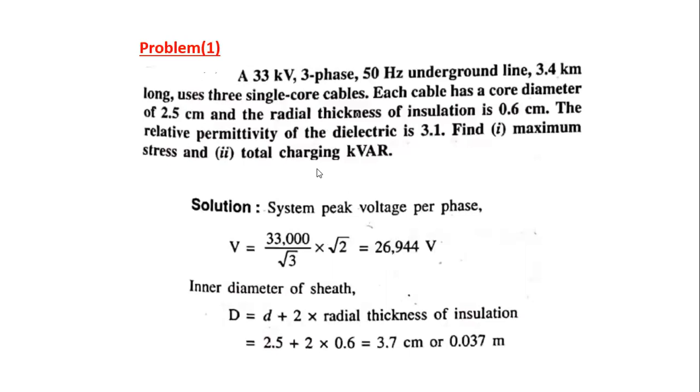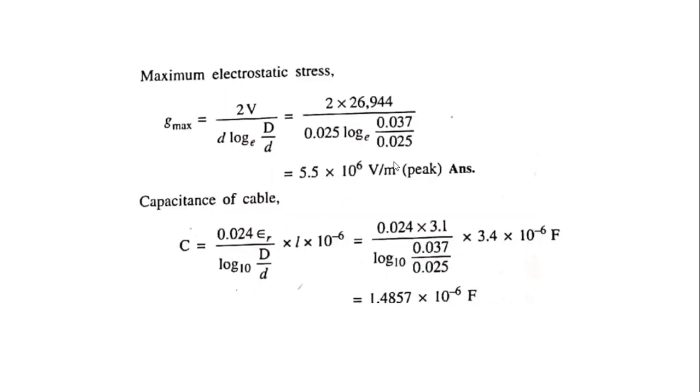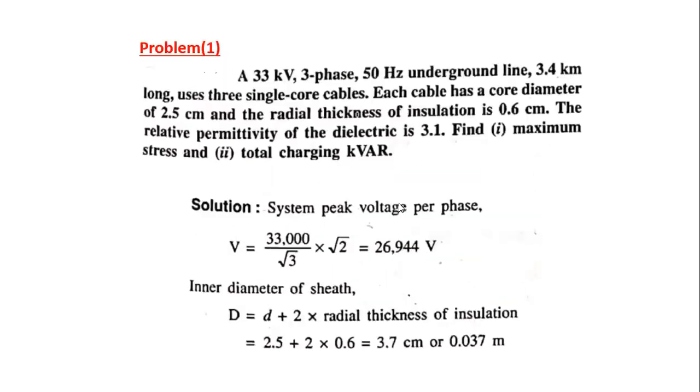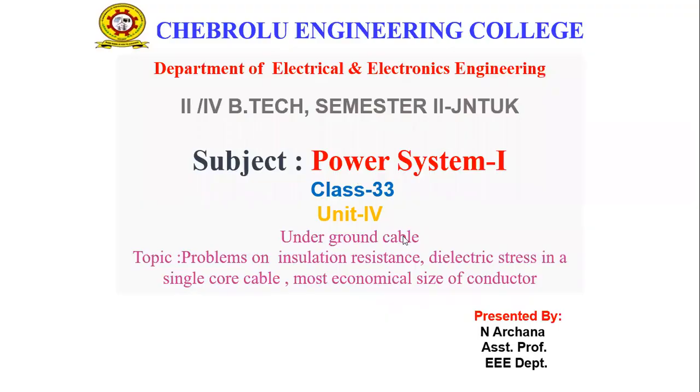In the next class, we will discuss the grading of cables: how cables are given gradings, that is dielectric stress and intersheath grading, what is the purpose of grading and why we use it.